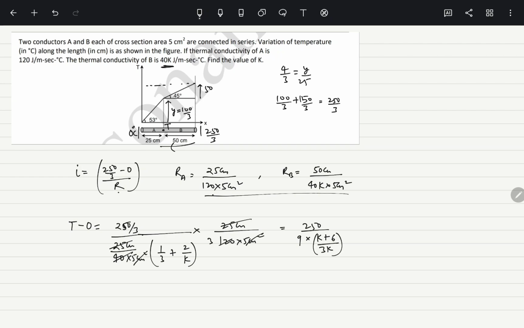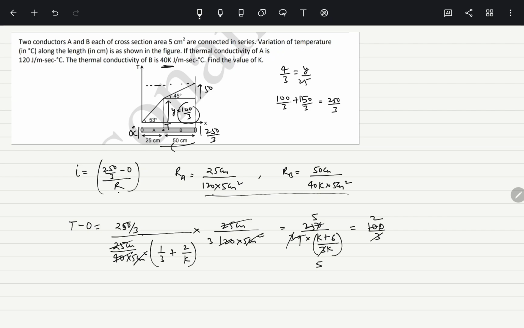Okay, we need to find the value of K, so we need to put the value of T from the graph. So T we know it is 100 by 3, right? So it is equal to 100 by 3. So the 5s cancel, 25. Okay, again the 3 cancels.